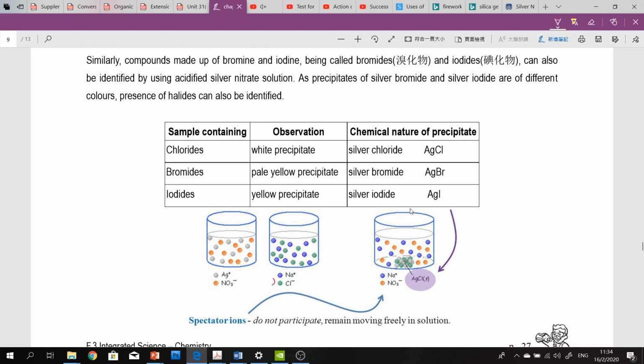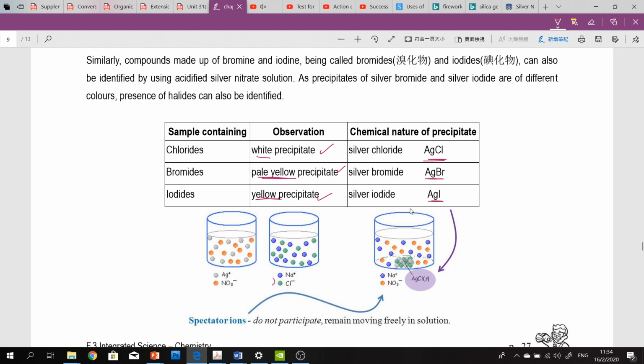So you may find silver bromide and silver iodide, which are also water insoluble. But don't worry about these three precipitates, because they have three different colors. Silver chloride is white, silver bromide is pale yellow or creamy, while silver iodide is yellow.